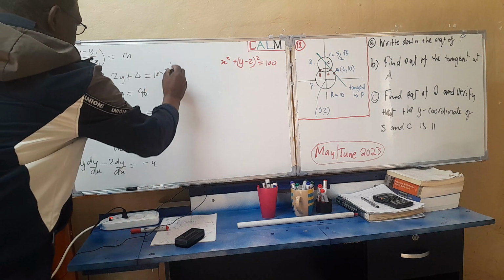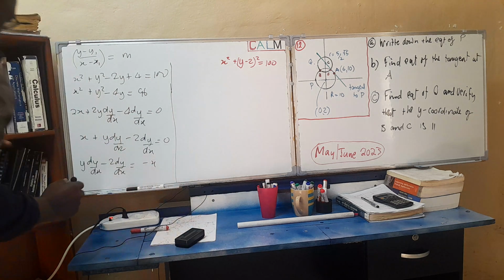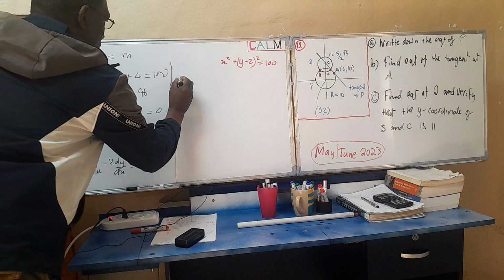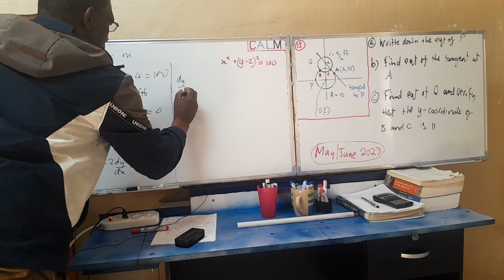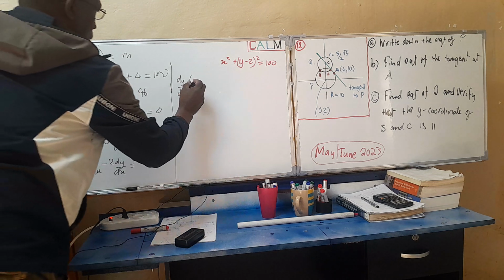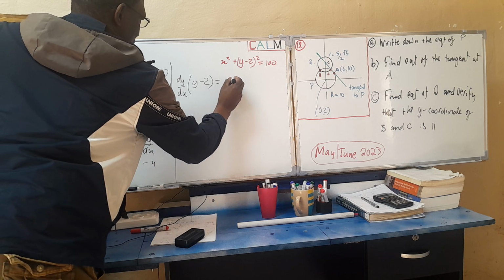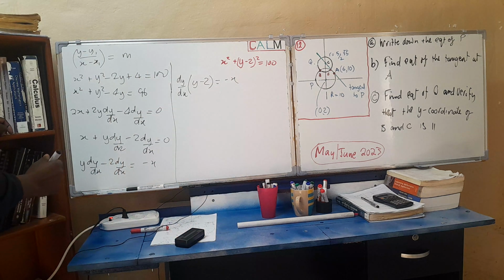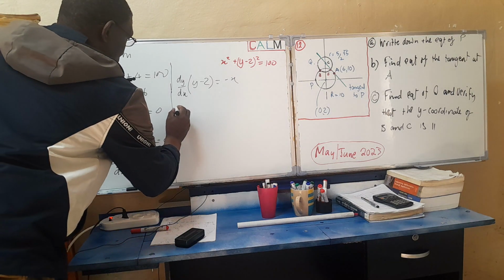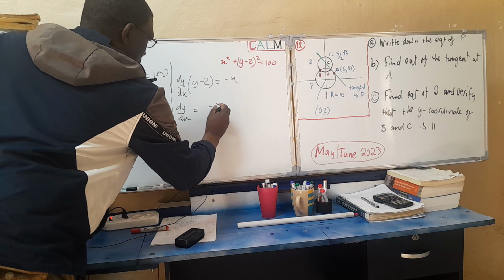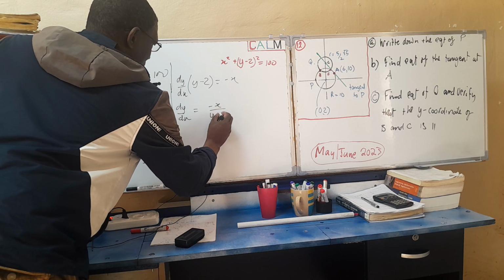So we can factorize this, factor out the dy/dx, we get dy/dx brackets y minus 2 is equal to minus x. Dividing through by y minus 2, we get dy/dx is equal to minus x over y minus 2.